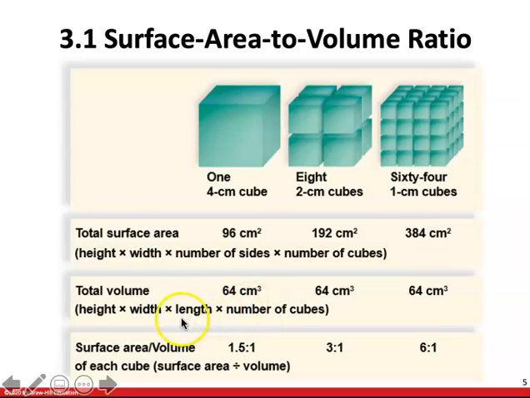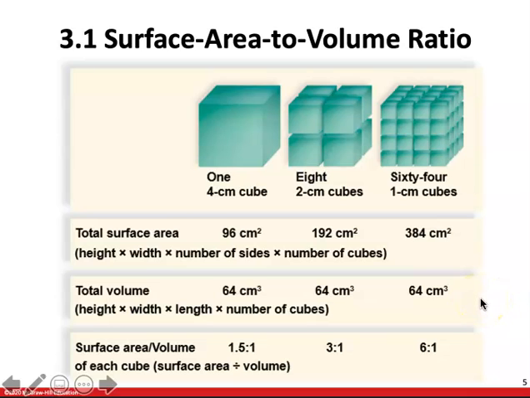So volume is simply height times width times length times the number of cubes. So it's either going to be 4 times 4 times 4 times 1, or we have 8 cubes, so that would be 8 2-centimeter cubes, so 2 times 2 times 2 times 8, or 64 1-centimeter cubes, 1 times 1 times 1 times 64. So that's how we determine our total volume. In all 3 cases, our volume is going to be 64.